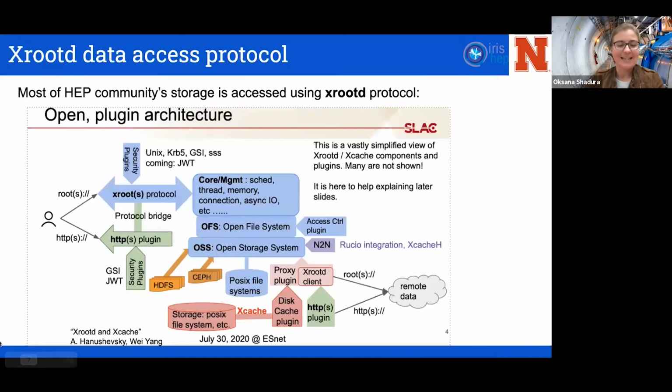And for many years, we have been using a special data access protocol called XRD. I will not go into details about it because, as you see, it's a very modular, plugin-like architecture with a lot of different options and possibilities, but it's also one of the possibilities for us to access data, but sometimes it could be a bottleneck.